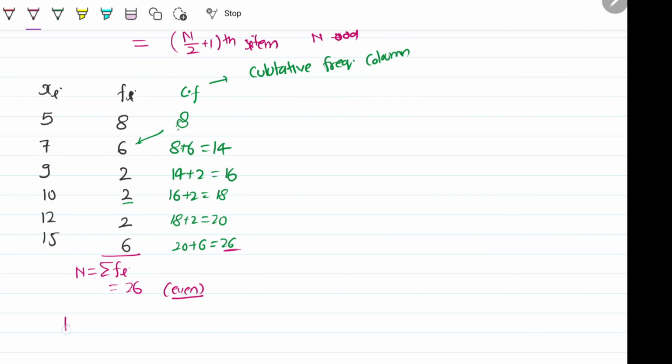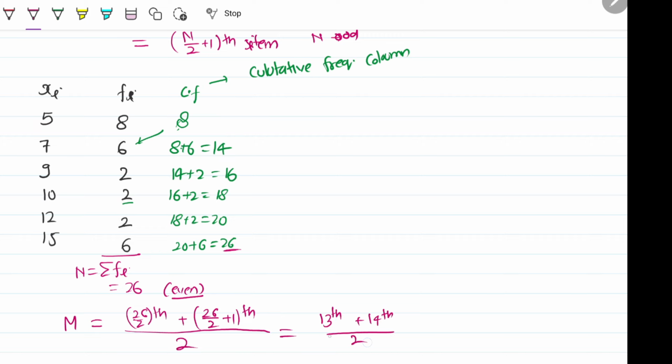Then how to decide the median? The median will be the (26 by 2)th item plus the (26 by 2 plus 1)th item, averaged upon 2. So 26 upon 2 means the 13th plus the 14th item upon 2. Now you have to check in the cumulative frequency column. The first, second, third item is 5, up to the 8th it is only 5.